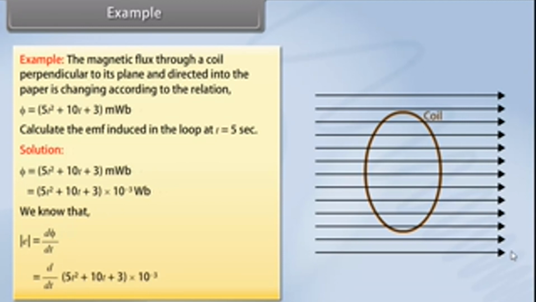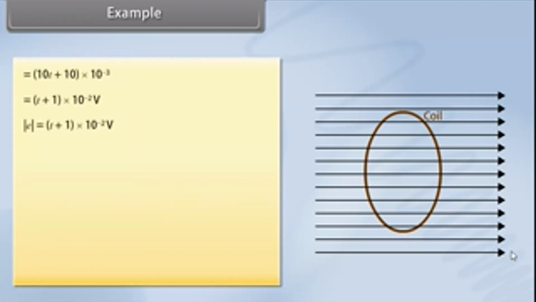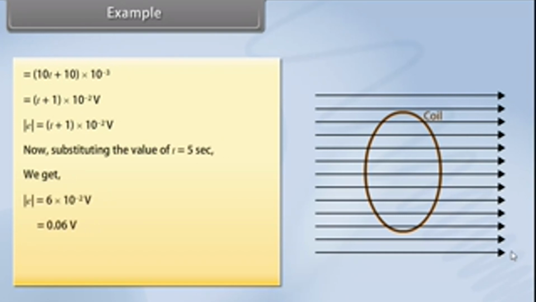By putting the values in this equation we get E is equal to t plus 1 multiplied by 10 raised to the power minus 2 volt. Now substituting the value of t as 5 seconds, we get E as 0.06 volt. Hence the EMF induced in the loop at t equal to 5 seconds is 0.06 volt.